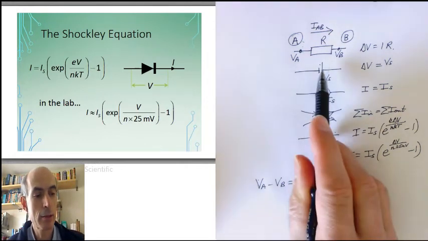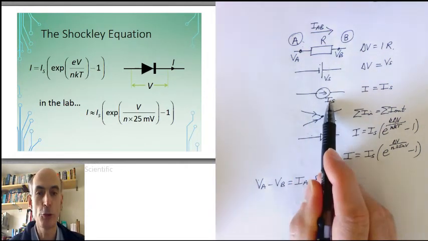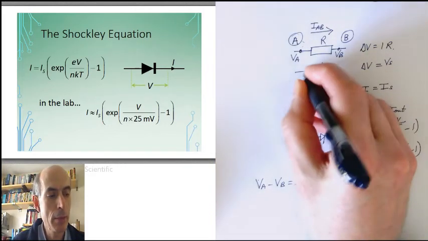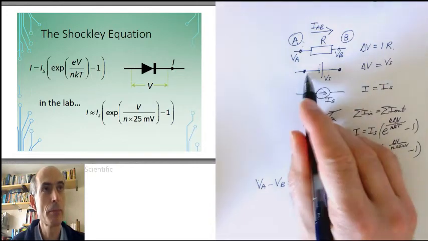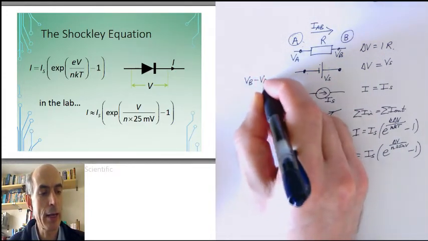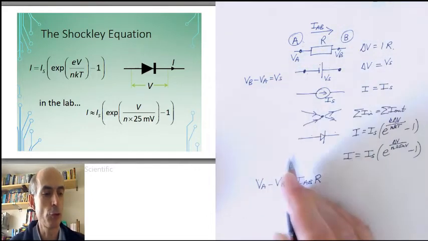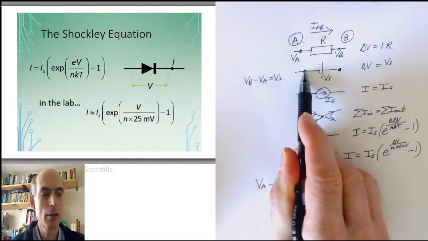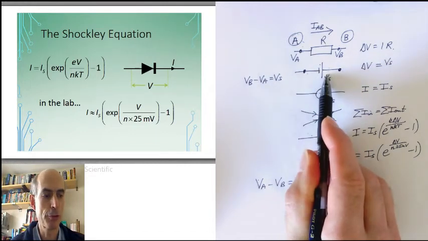For the voltage source and the current source, it's easier to remember which way round things go. If this was our node B, then for the voltage source here, we would have voltage at B minus voltage at A equals the voltage source, because the voltage here is bigger than the voltage here by the amount of the voltage source.